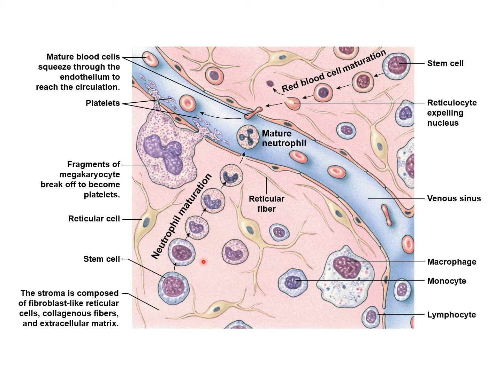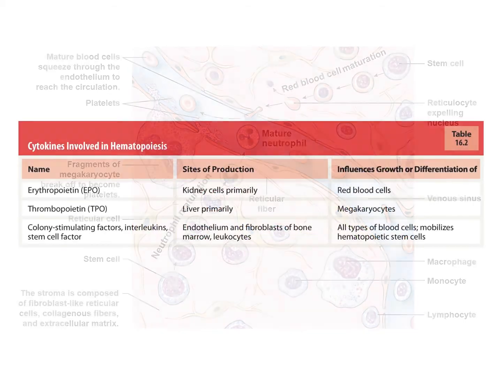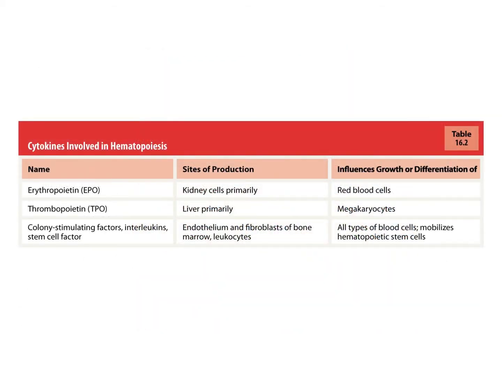They will be exposed to cytokines, they'll differentiate, and they'll migrate and eventually move into the bloodstream. Some things like lymphocytes will partially differentiate in the red bone marrow and then move to lymphoid organs, lymph nodes, or the thymus, and further differentiate there. Here are the big three that I would like you to understand. Again, the third one is a group of cytokines.